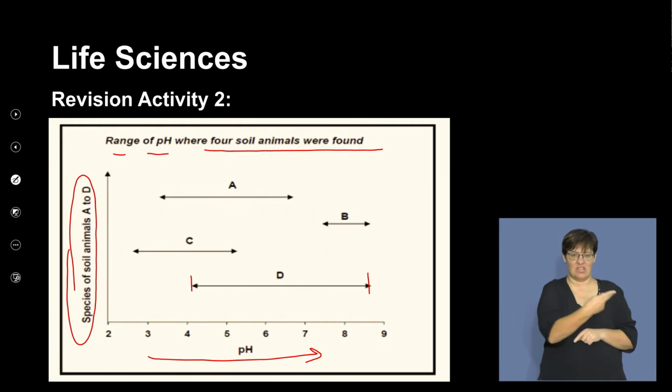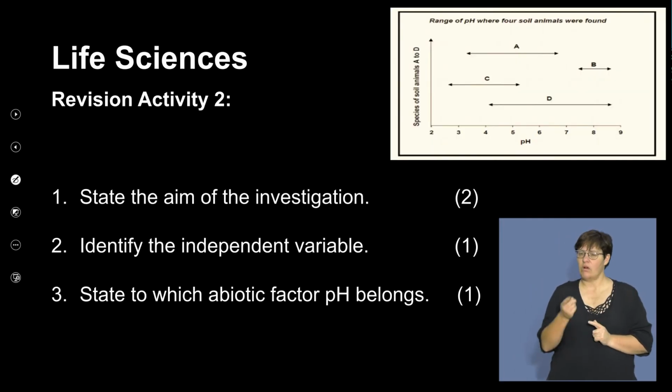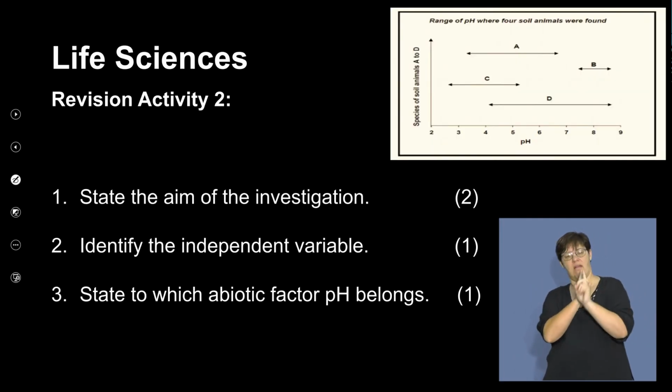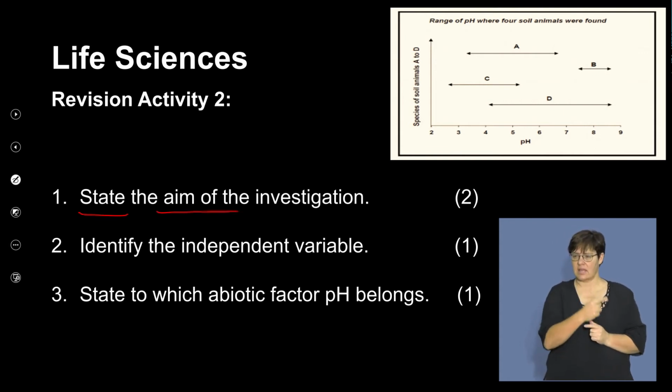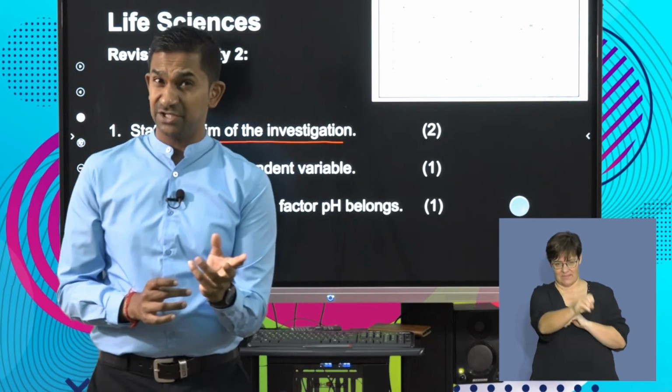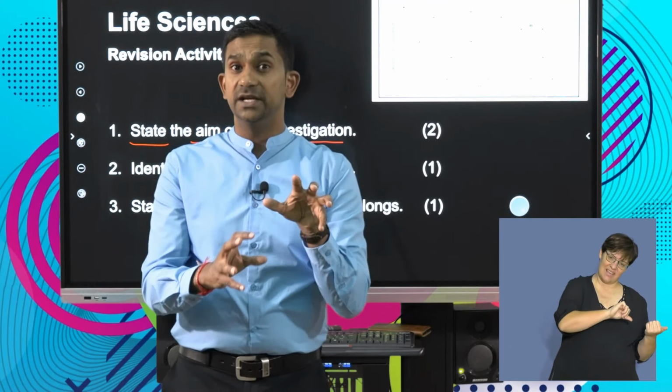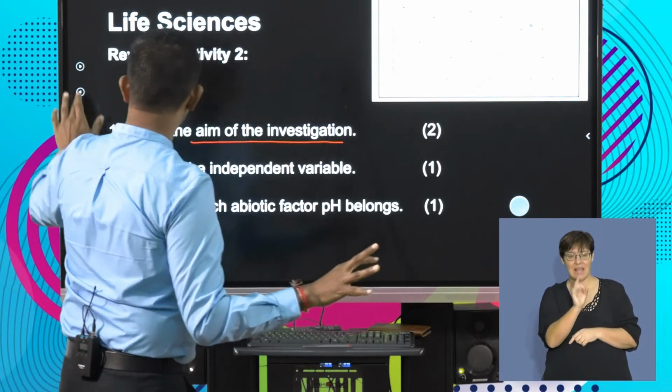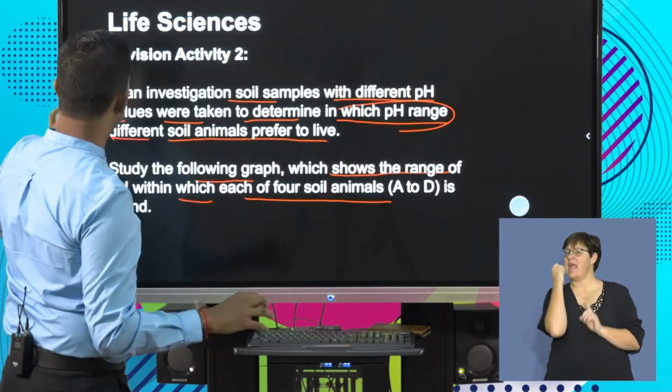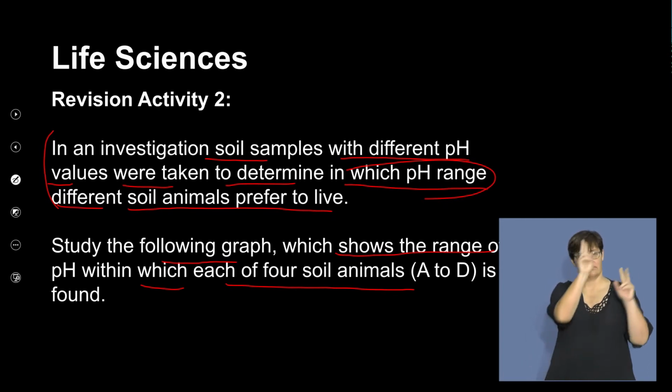Now, having looked at this graph, let's unpack some of the questions based on this. The first question is, state the aim of this investigation. It's important that we have context to any experiment. As I mentioned, if we go back to the initial introduction to the question, it clearly stated what the aim was. So here we can take that out from the question.